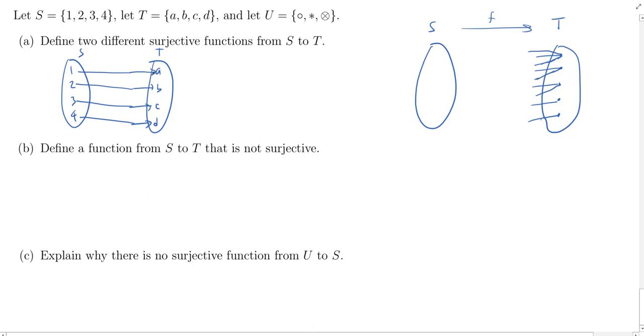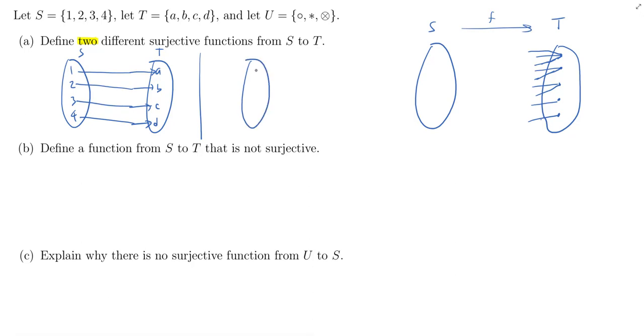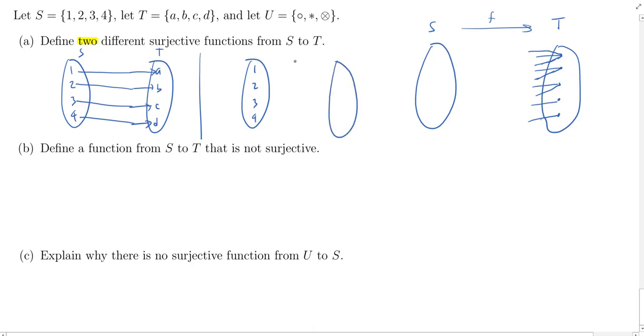Okay, but we want two different ones, so let's draw another picture. We're going to have our S on the left, 1, 2, 3, 4, and then we'll have our T on the right, A, B, C, D. Again, to be surjective, we know we're going to need an arrow going into each one of these.